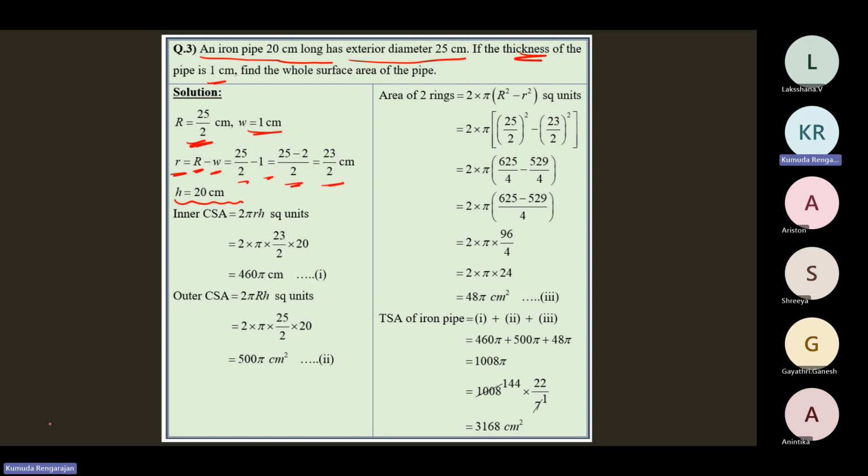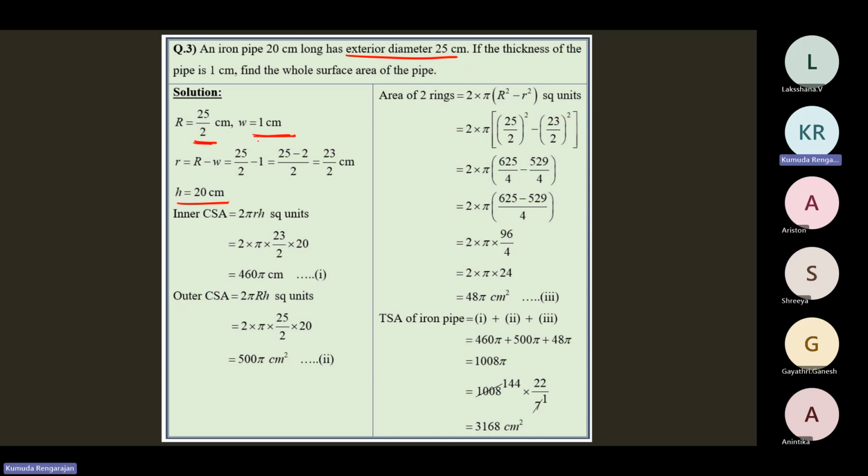So like this, you should read the question and write out the values you need to apply in the formula. An iron pipe 20 centimeters long, so H is 20 centimeters. You can write H is equal to 20 in the first place itself. External diameter means you can find the external radius, half of this, that is capital R. Thickness, W, 1 centimeter.